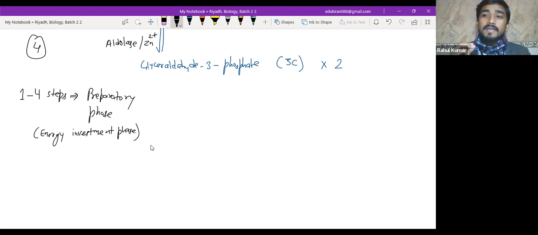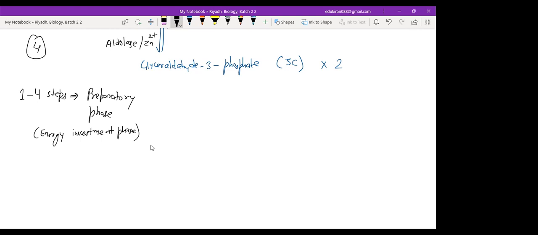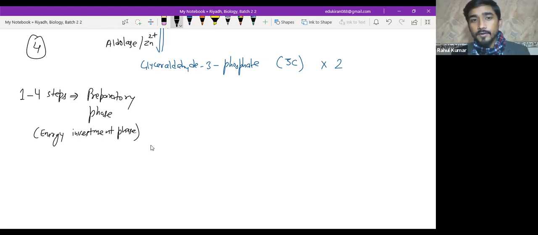In order to make energy, what is a good business like? A good business is where you first recover the amount of investment you have made and then you get the profit, correct? Yes, sir. The cell here also is doing a business where it has to make more and more energy for its benefit.